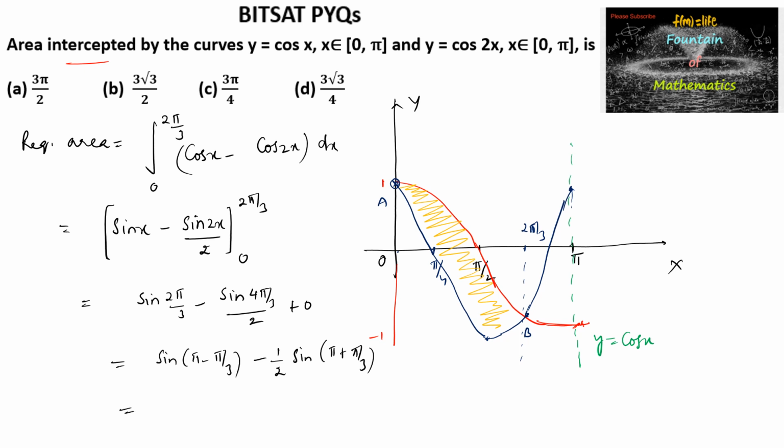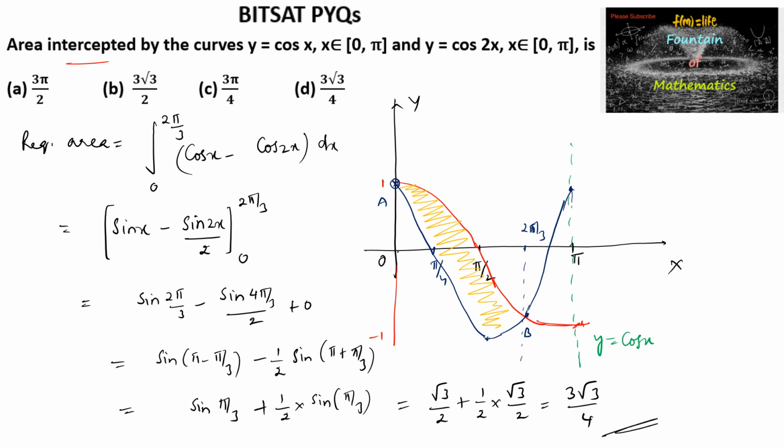Sine pi minus theta is sine theta, so sine pi by 3, and again minus 1 by 2 sine pi plus pi by 3 is sine pi by 3 minus, negative of negative is plus. So sine pi by 3 is root 3 by 2, plus 1 by 2 into sine pi by 3, which is root 3 by 2. So we can say 2 root 3 plus 1 root 3, that is 3 root 3 divided by 4. So 3 root 3 upon 4 is the required answer, which is option D.